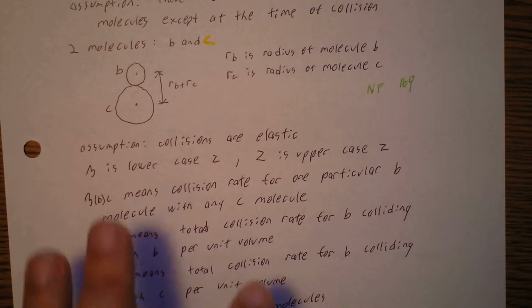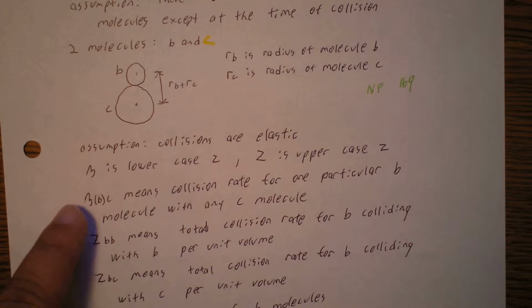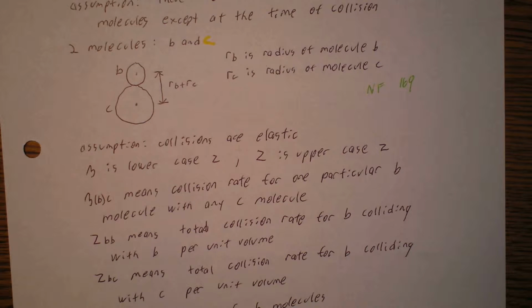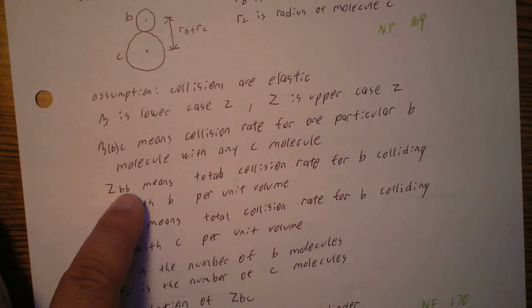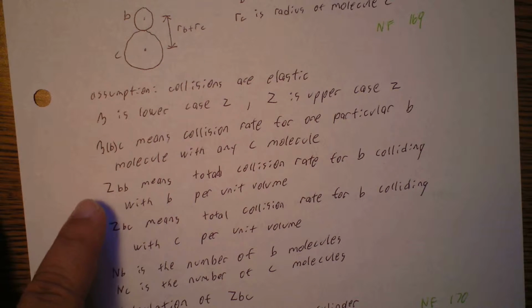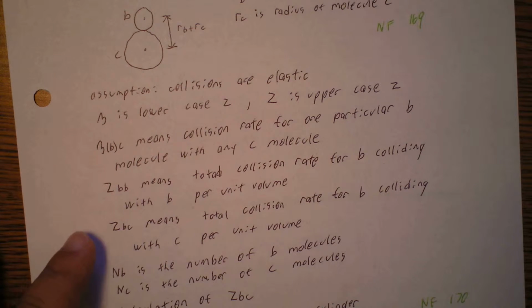So we have this lowercase z from B to C. That means the collision rate for one particular B with any other C molecule. And then we're going to have this capital Z_BB, which means the total collision rate for any B molecule colliding with any other B molecule per unit volume.